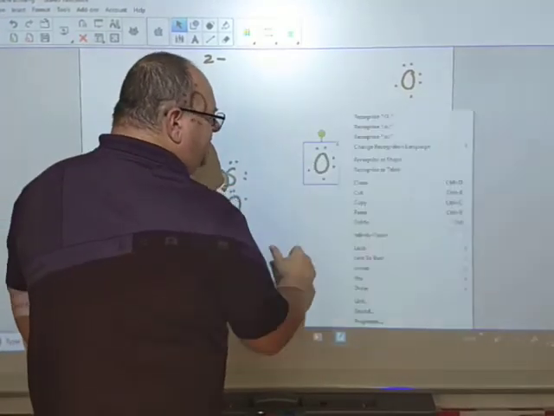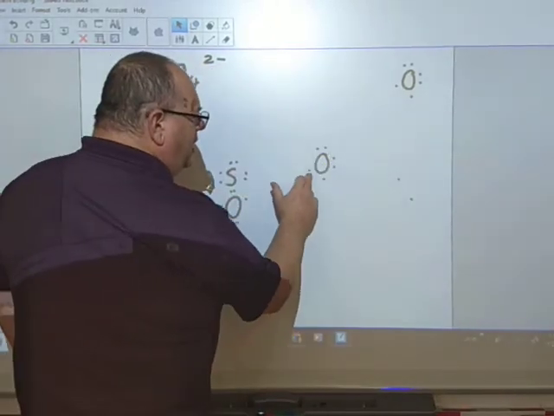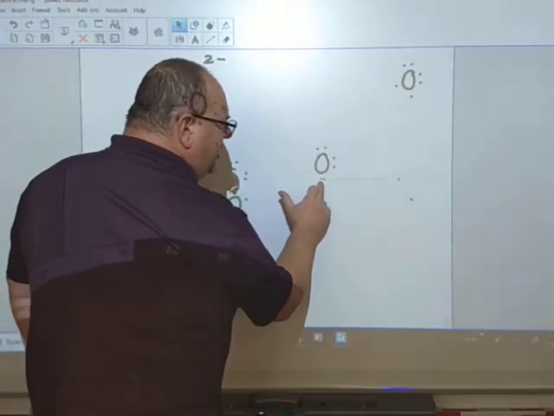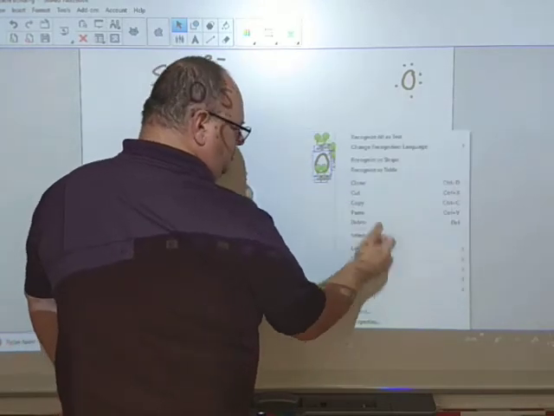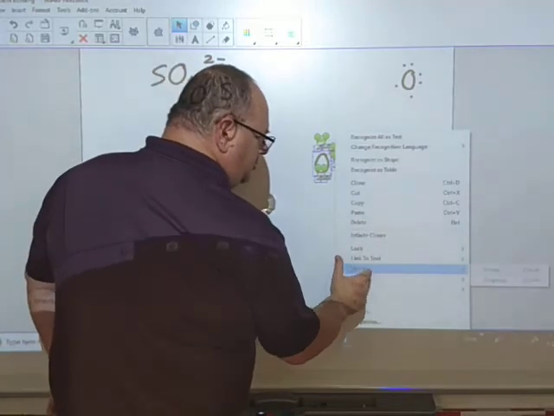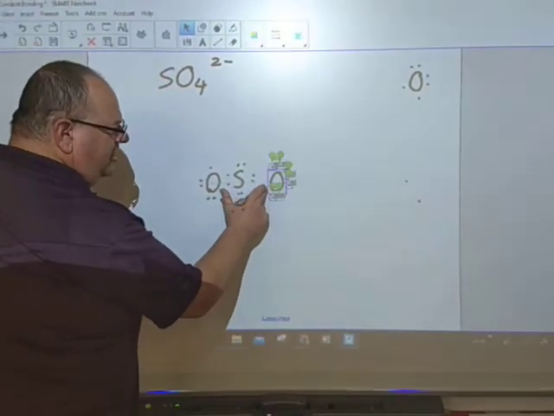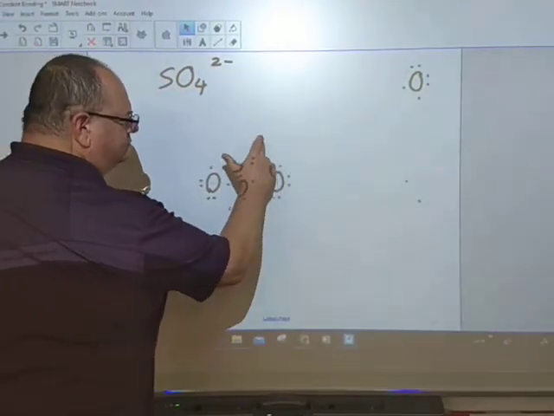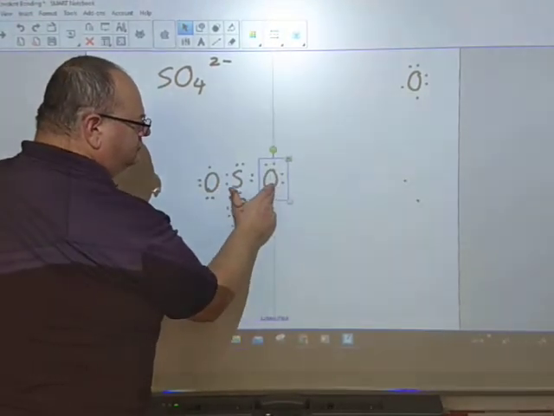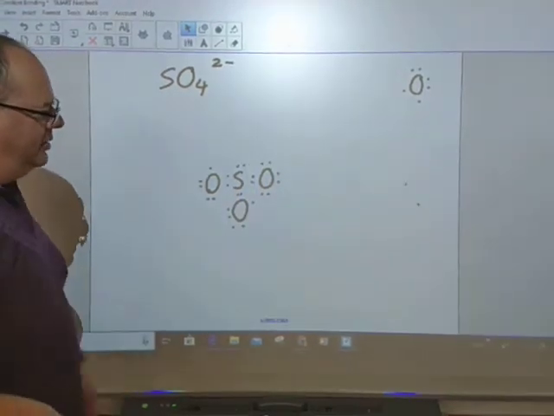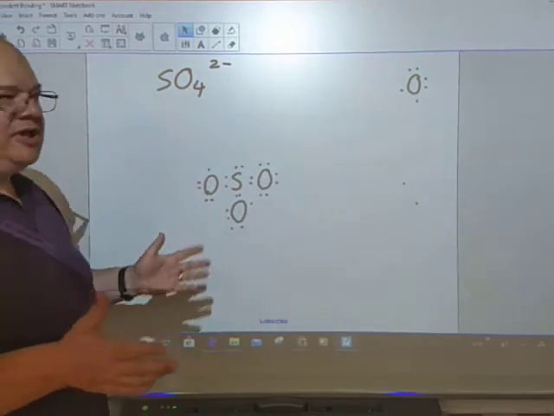So if I take this guy, and I'm going to ungroup the parts of my diagram, and I'm going to imagine just sliding that electron over, and then I'm going to regroup my diagram. Hey, look, we can have a coordinate covalent bond between the sulfur and that oxygen.